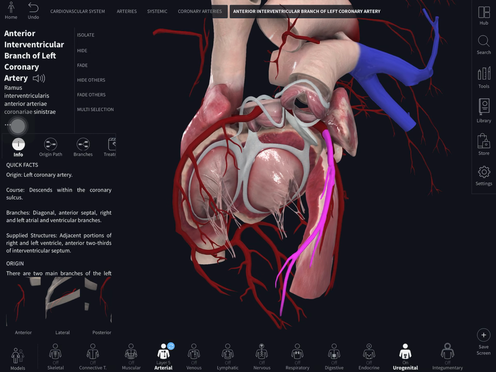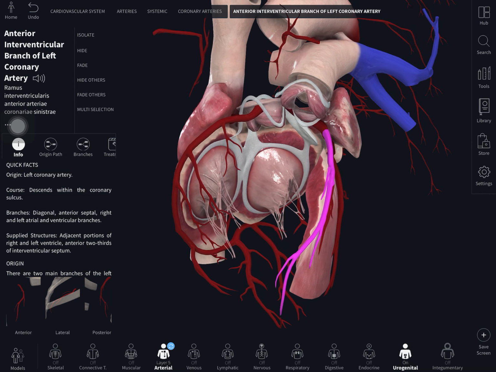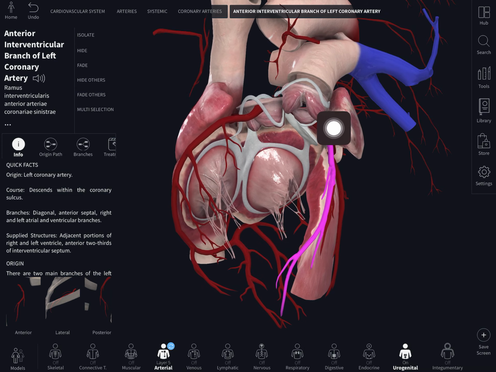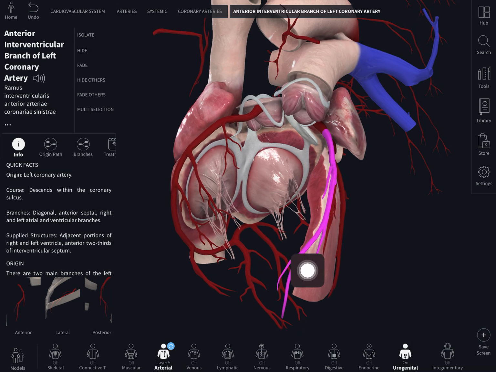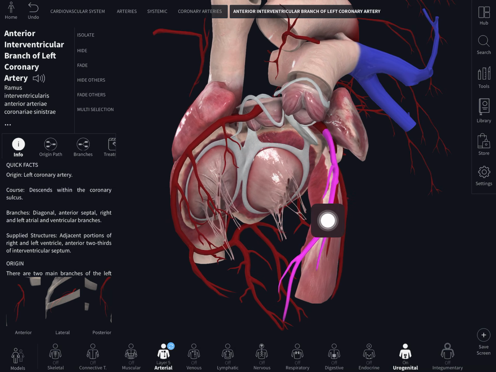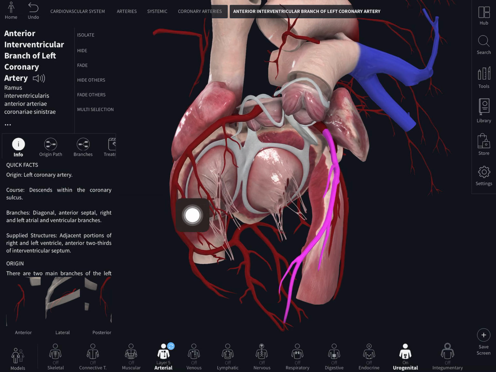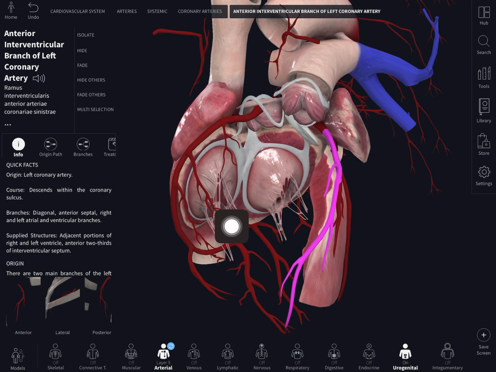In that there is something called right dominant circulation and left dominant circulation. That means the right coronary artery supplies the major part of the heart, and the left coronary artery supplies a lesser part of the heart. Whereas if the person has left dominant circulation, the left coronary artery supplies the major part of the heart, and the right coronary artery supplies a lesser part.